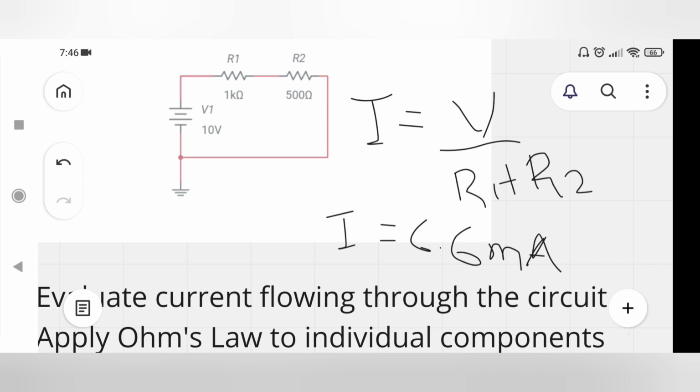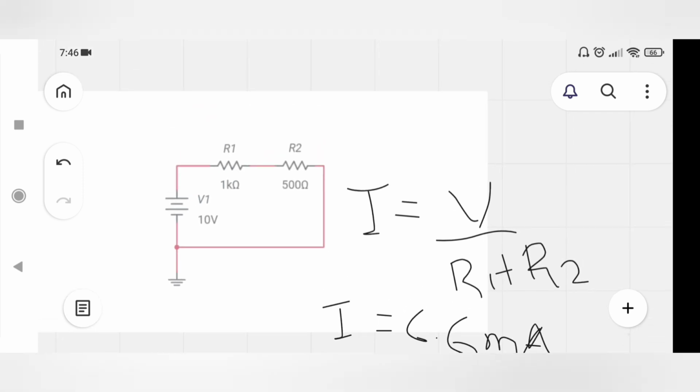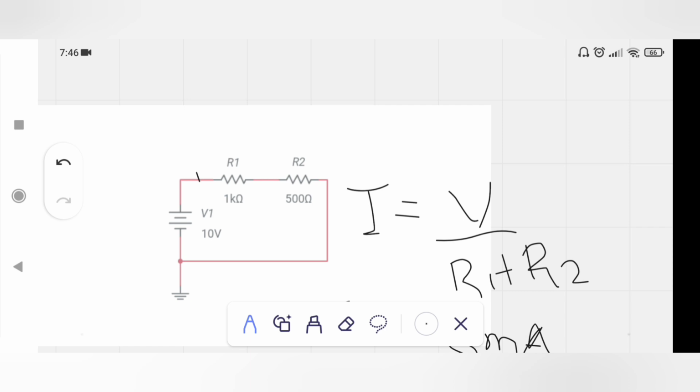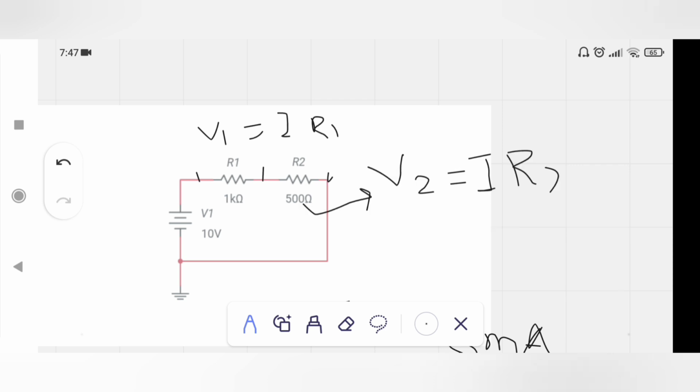Now calculate the voltage across R1 and R2 in the same manner. V1 is the potential across R1, calculated between these 2 points. Similarly, V2 is equal to IR2.